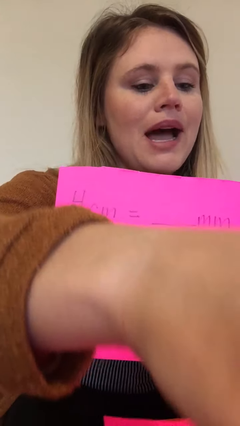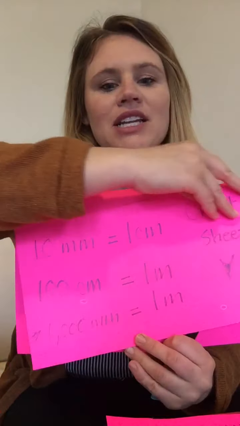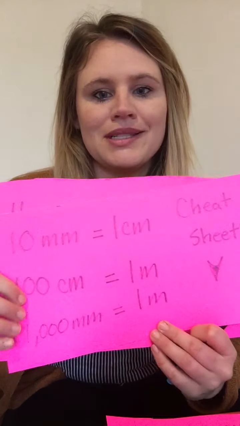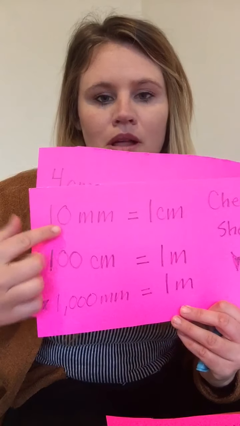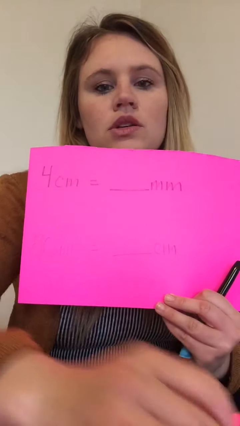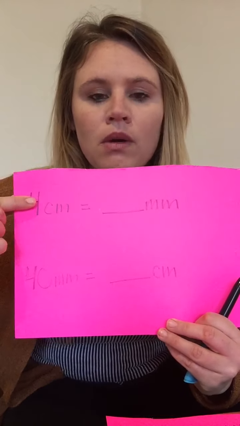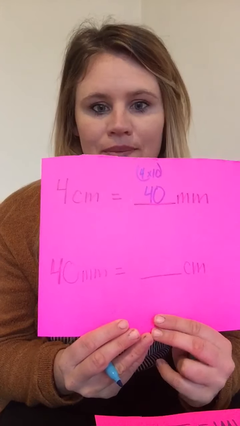And I can go back to my cheat sheet to see what I'm multiplying by. Well, let's see. 10 millimeters is equal to 1 centimeter, so I'm multiplying by 10. So what I'm going to do is take my 4 and multiply it by 10. So I take 4 times 10. Again, multiples of 10 in the metric system: 10, 20, 30, 40. So my answer would be 40 millimeters, just like that.